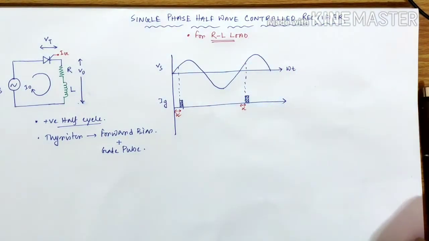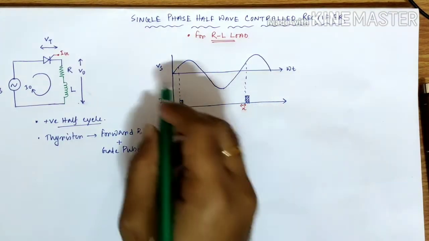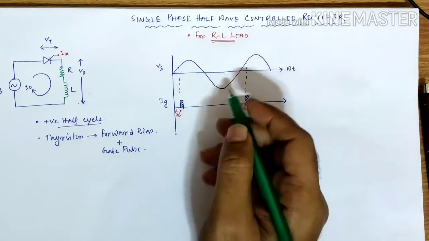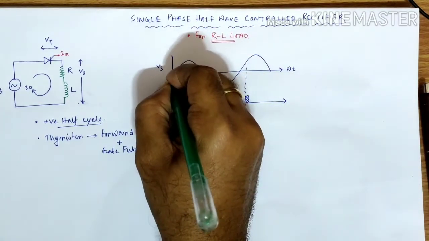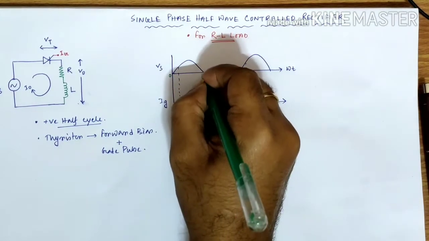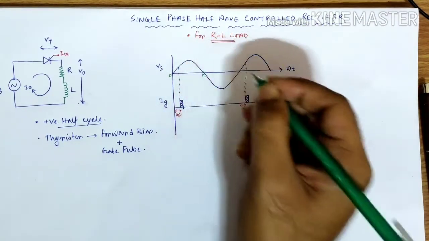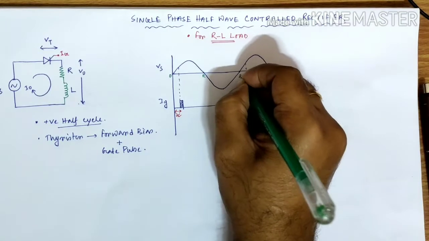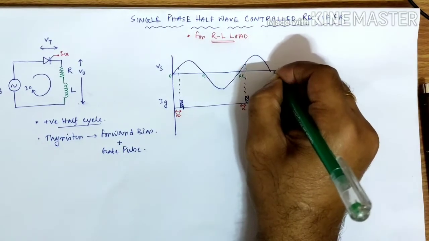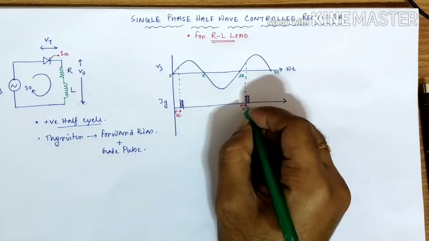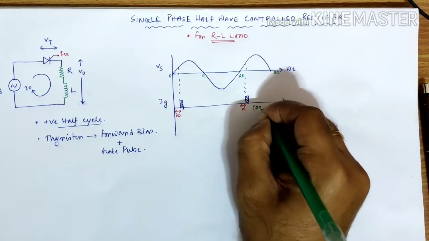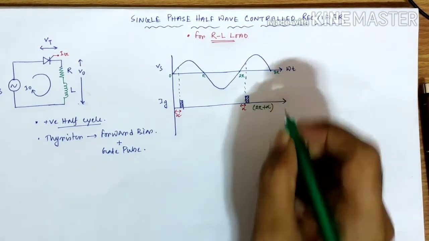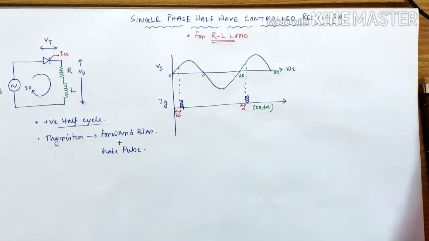When we are talking about angle, hopefully you can understand the different values of the angle that we want to describe here. At the beginning, the angle is 0. This point is pi, this is 2 pi, this is 3 pi. So here the actual value is 2 pi plus alpha, and in this way it goes on.